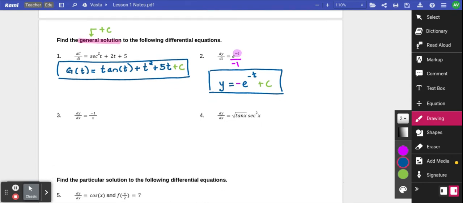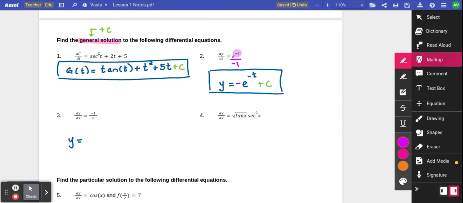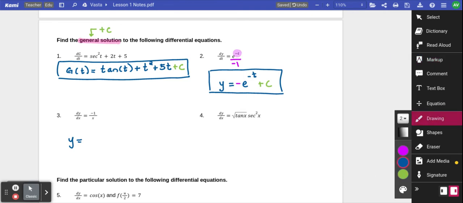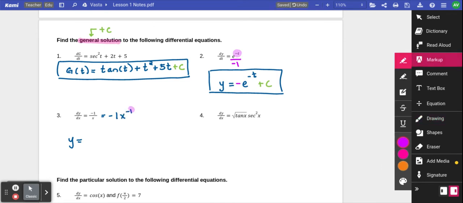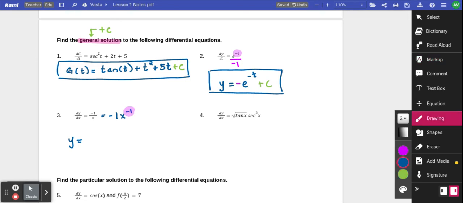For problem number 3, again, I'm going to do the antiderivative. So I'm going to have y equals. Now, when I see that this problem has a divided by x here, a lot of times I like to rewrite that as a -1 power. Whenever I see this -1 power, I know that the antiderivative would have had to be natural log of the absolute value of whatever is inside there.